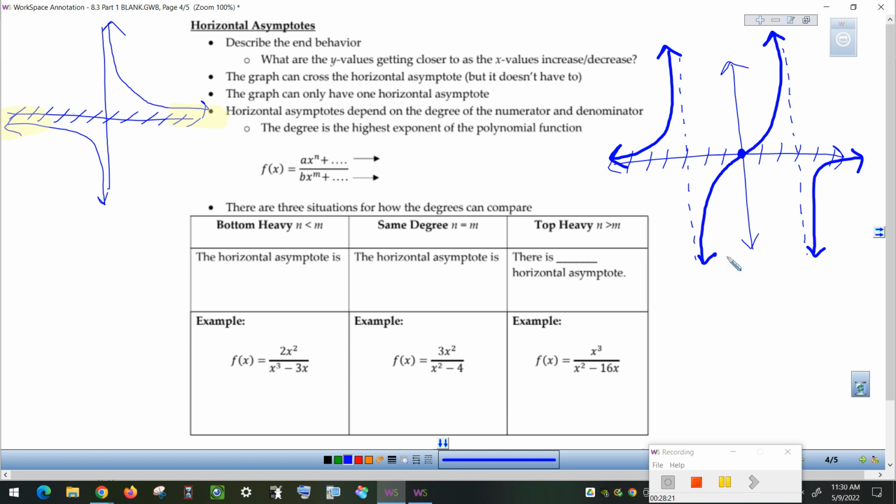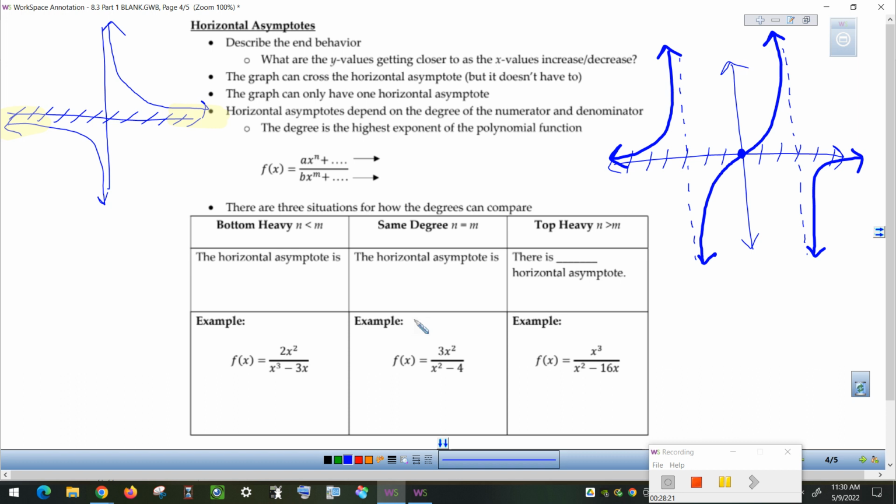You would never cross through a vertical asymptote because it makes your function undefined. You could never have an x value that makes the denominator 0, but the horizontal asymptote behaves a little differently. Also, the graph can only have one horizontal asymptote. All right, and here's how we find them. They depend on the degree of the numerator and the degree of the denominator.